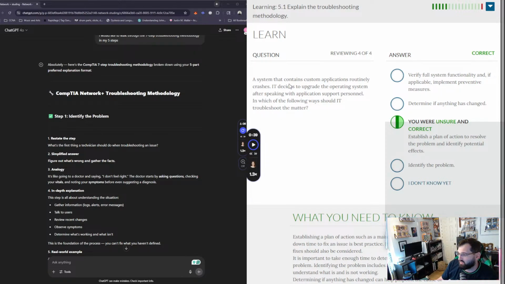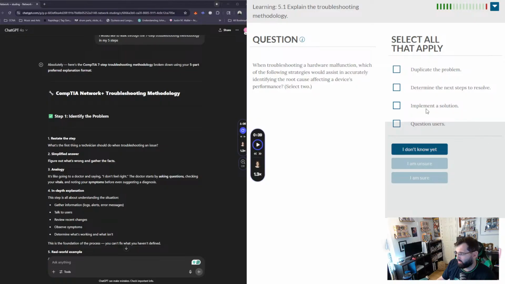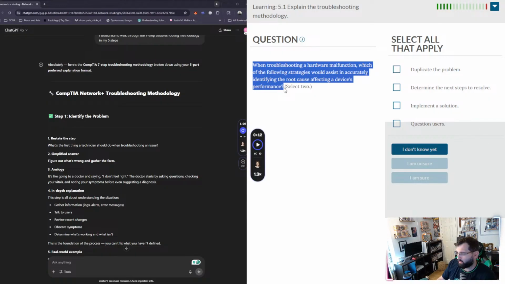A system contains custom applications, so we already know what the problem is. Okay. IT decides to upgrade the OS after speaking with application support. In which of the following ways should IT troubleshoot this matter? Okay. Let's keep going. We should be able to just blow through this, boys.